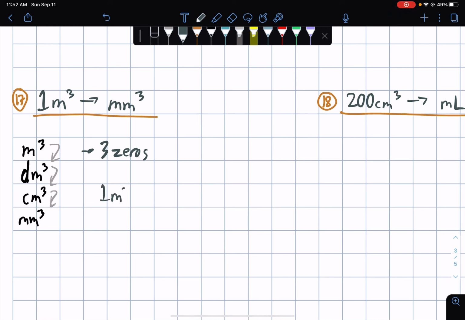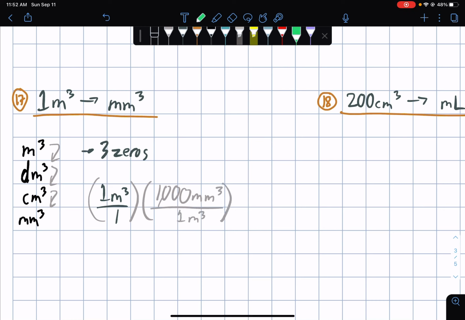So 1 m raised to 3 over 1 times 1000 millimeter raised to 3 over 1 meter raised to 3. 1000 millimeter raised to 3. This is the final answer, I think. Hang on. Yeah, this is the final answer.